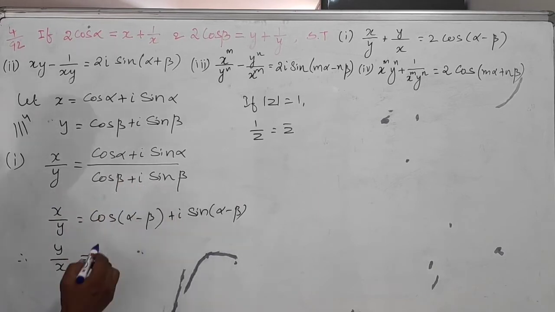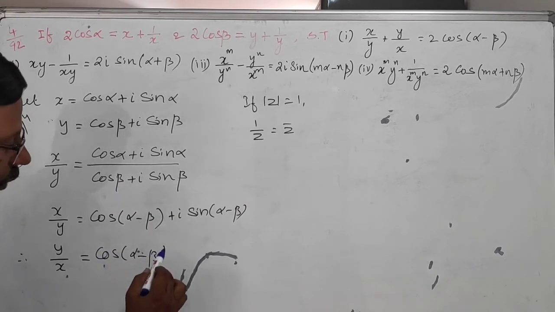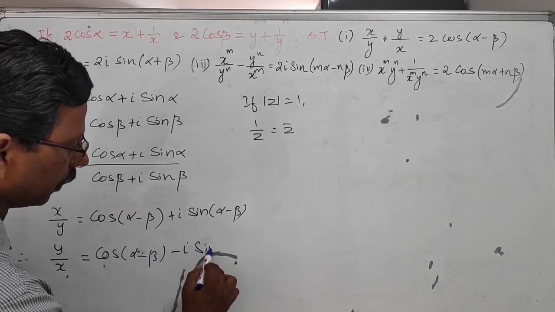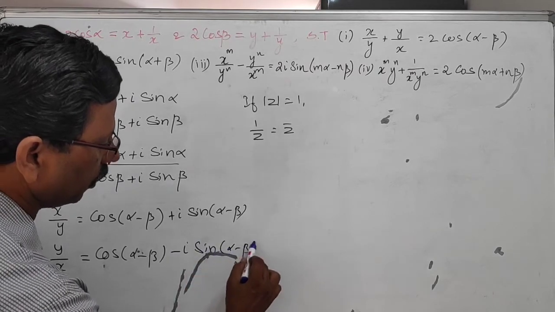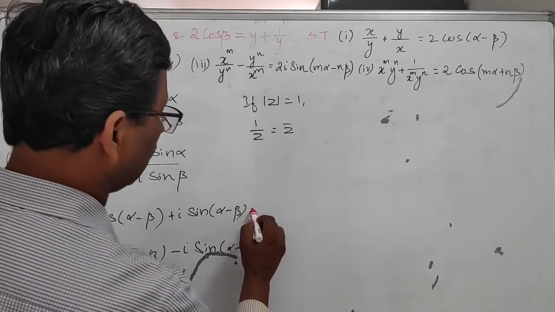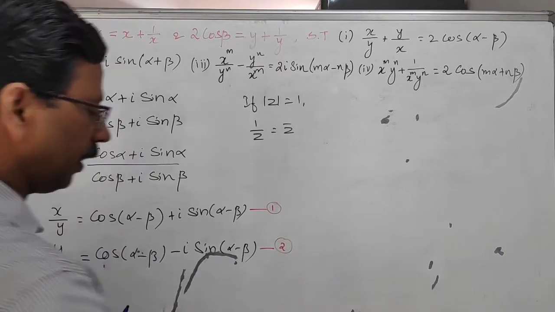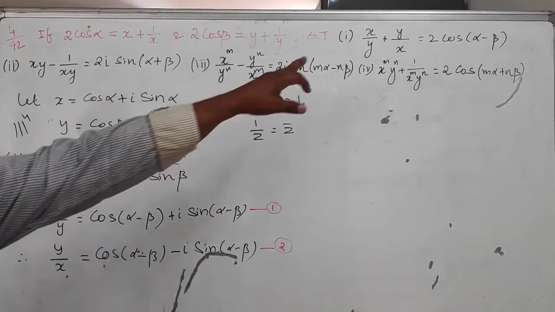You can just replace i sin with its conjugate: cos of alpha minus beta minus i sin of alpha minus beta. Now you can take this as result number 1, and this as result number 2. Now you have to add these two.